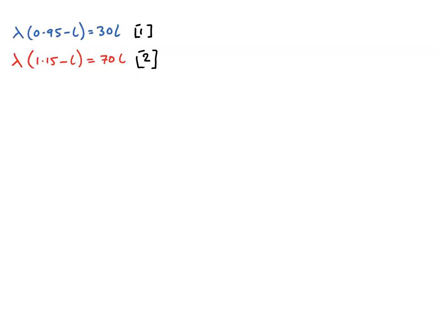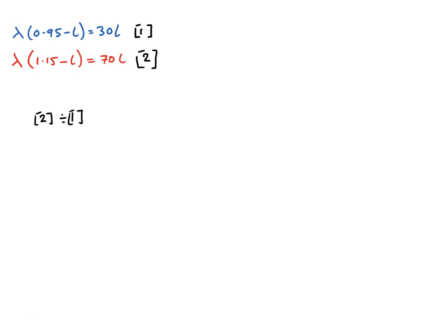So looking at our two equations, we've got lambda times 0.95 minus L equals 30L, and lambda times 1.15 minus L equals 70L. The easiest way of solving these two equations is to divide one equation by the other.